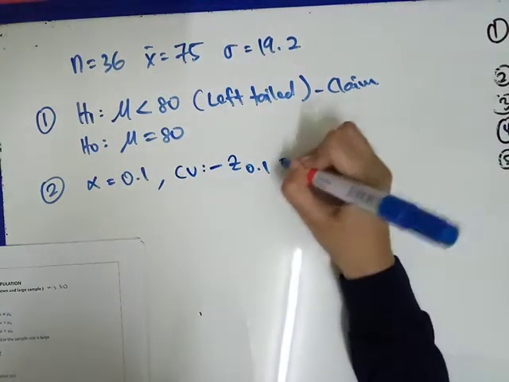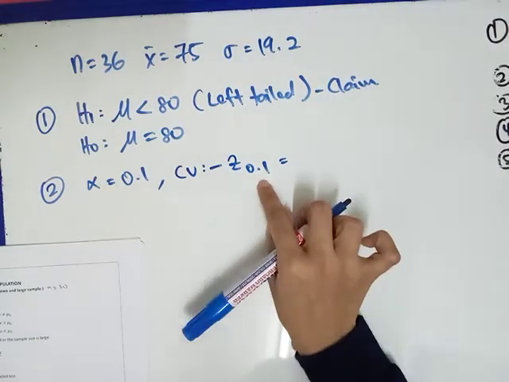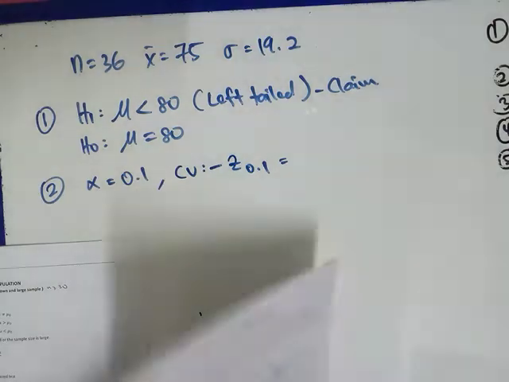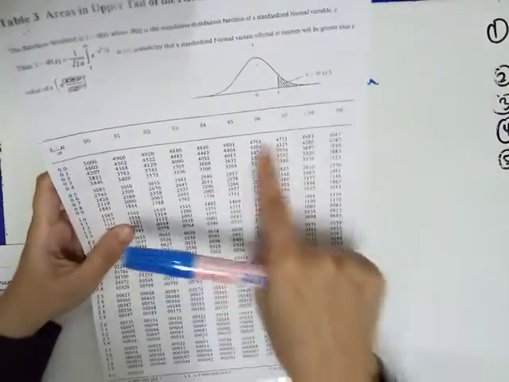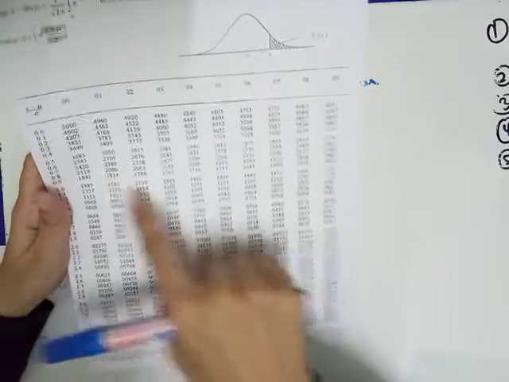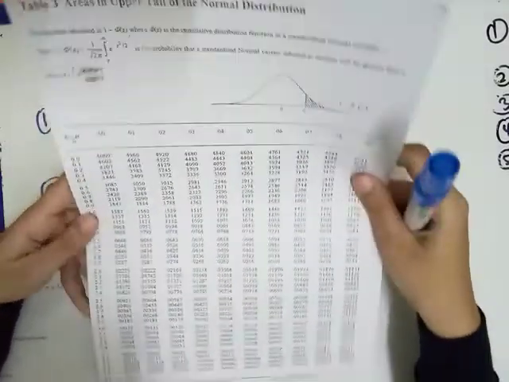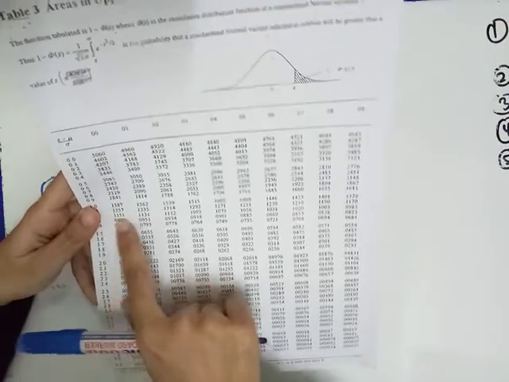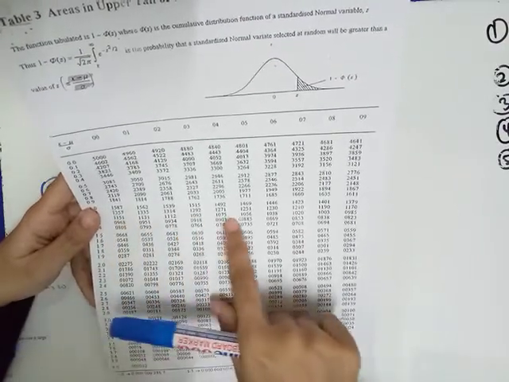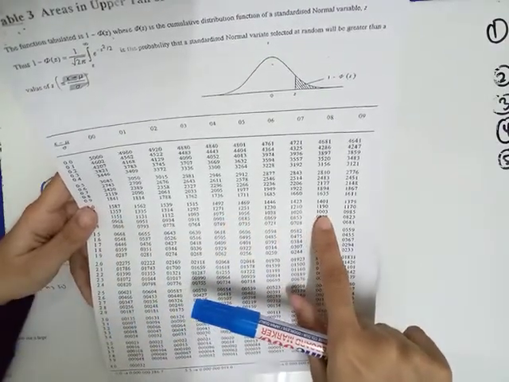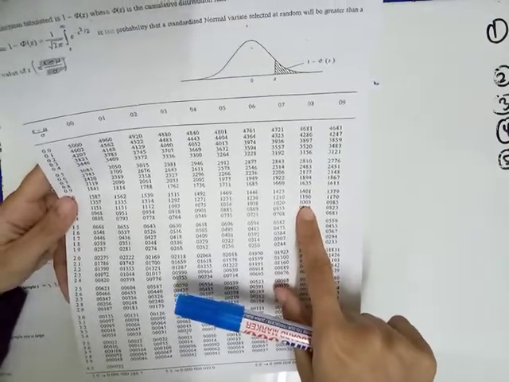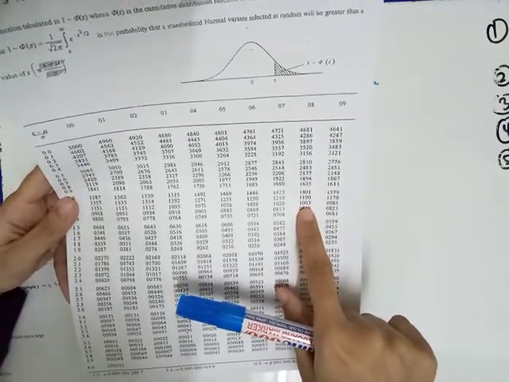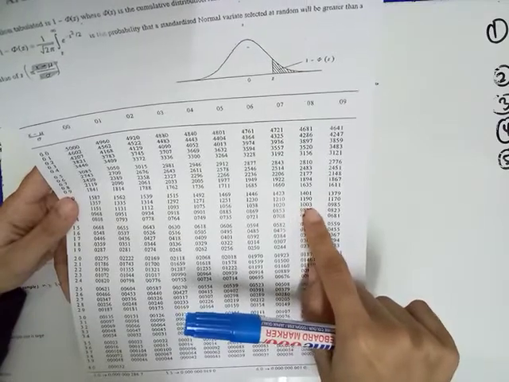Okay, so when alpha is 0.1, what is the Z value? So 0.1 here is the area probability. So you need to look for 0.1, take the one at the very bottom, this one. Okay, 0.1003. It is not exact, so take the closest value.